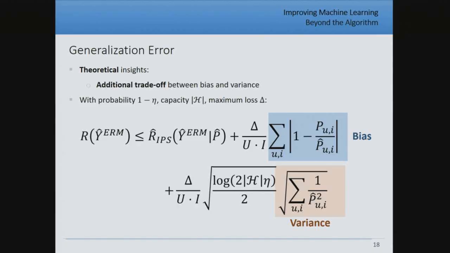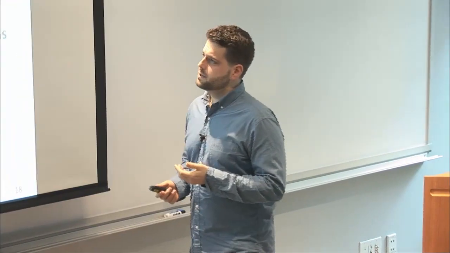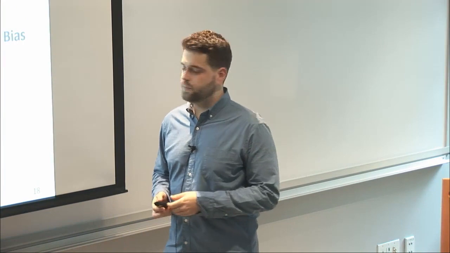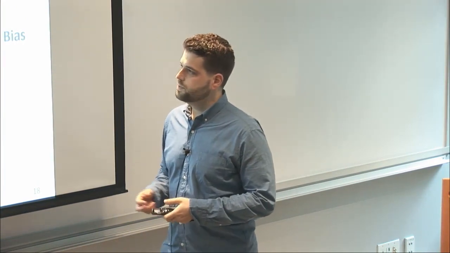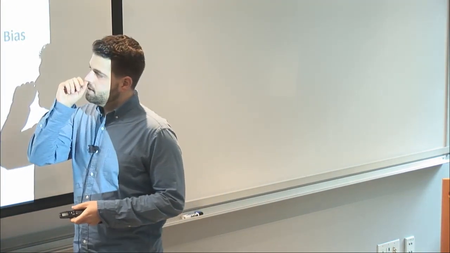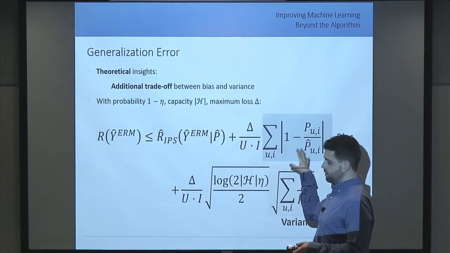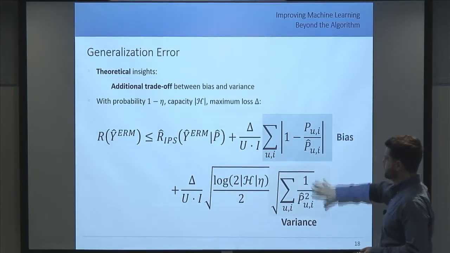Before I get to the empirical results, I want to quickly talk about some theoretical insights that we provided in the paper. It turns out that there's an additional trade-off between bias and variance that comes from the propensity estimation. If you bound the true error with the empirical error, you get a very familiar looking bound, except for the colored terms here.